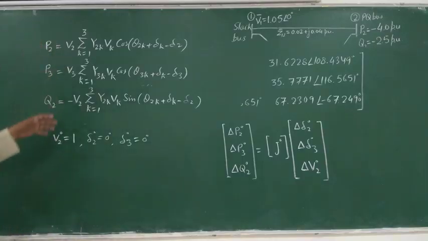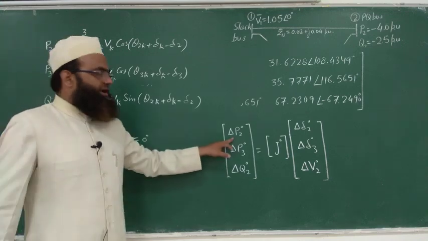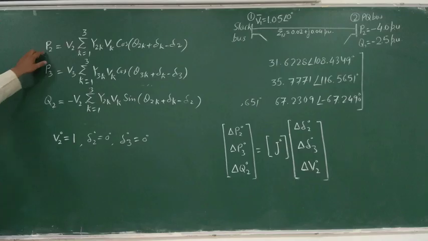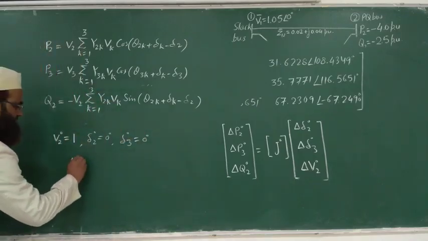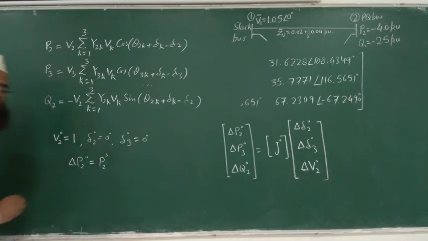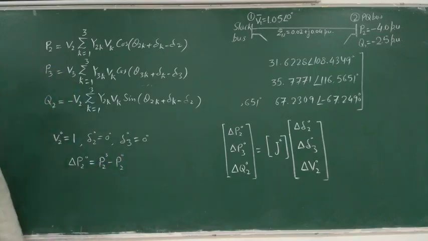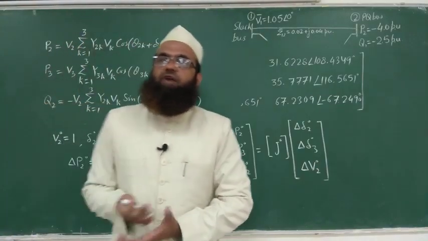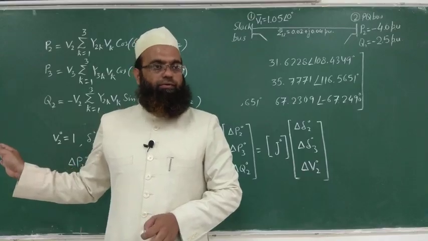So with the help of these formulas and the specified values, you can evaluate del P2. Suppose you want to evaluate del P2 0. So del P2 0 will be nothing but P2 specified minus P2 0 calculated. What does it mean, 0 here? Substitute the values of the variables which you have already assumed initially.